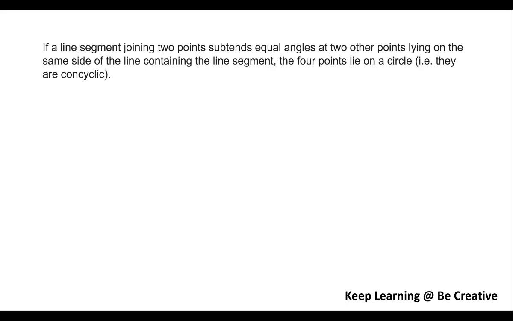The first theorem says if a line segment joining two points subtends equal angles at two other points lying on the same side of the line containing the line segment, the 4 points lie on a circle, and we can say that they are concyclic.